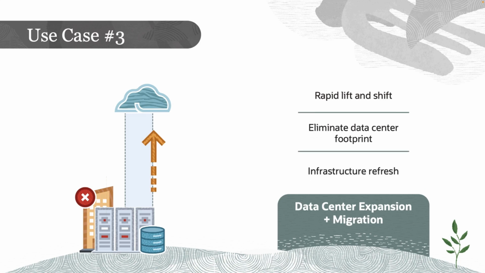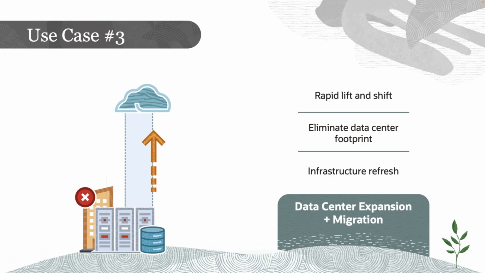That means there is no need to refactor the VMs because the source and the destination are the same vSphere platform. FastConnect is required to facilitate the connectivity and the movement of data, even if the quantity of data is in several terabytes. Once all the virtual machines and their data have been migrated into OCVS, the FastConnect circuit and the customer's on-premises data center can be decommissioned.